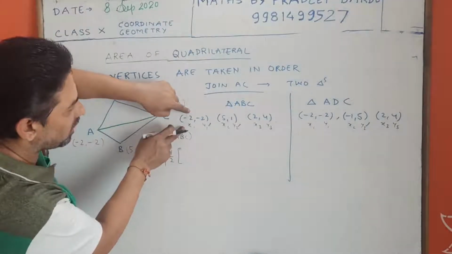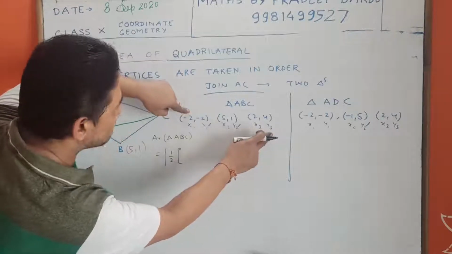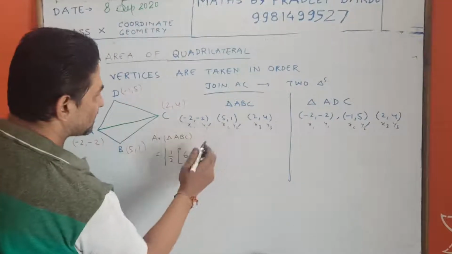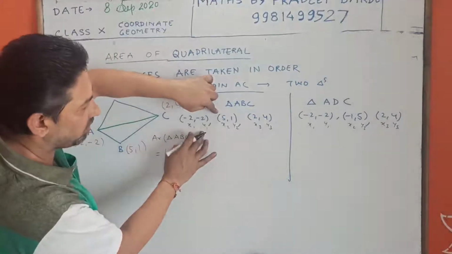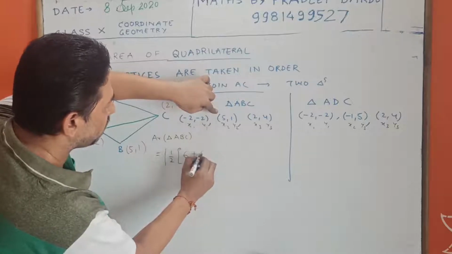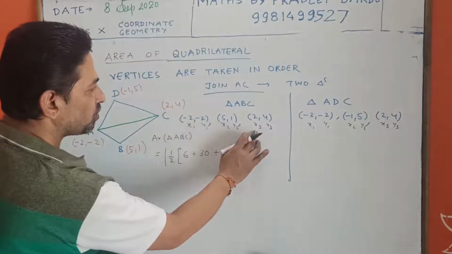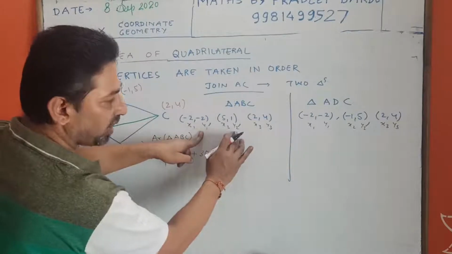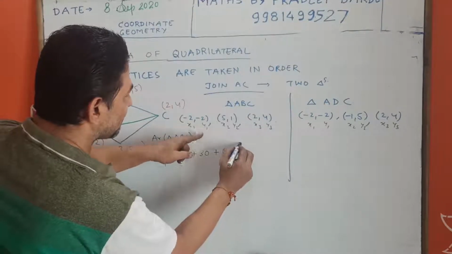Half x1 -2, y2 minus y3, 1 minus 4 minus 3, -2 into -3 हो गया 6, plus x2 is 5, y3 minus y1, 4 plus 2, 6 into 5, 30, plus x3, 2 into y1 minus y2, -2 minus 1, -3, 2 into -3, -6.